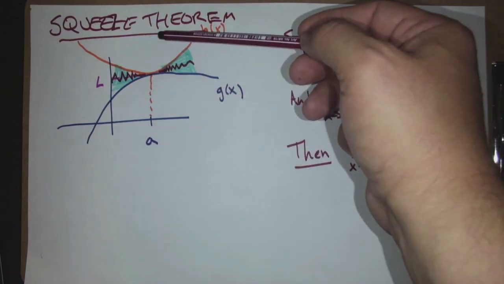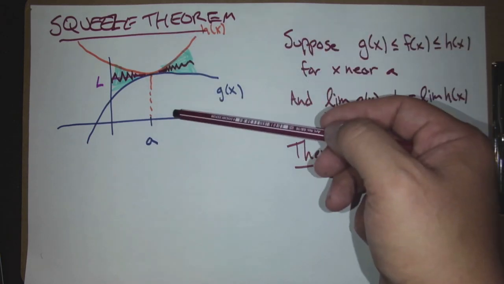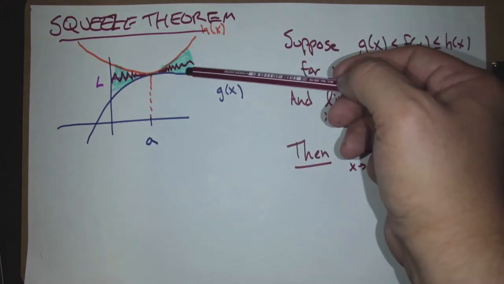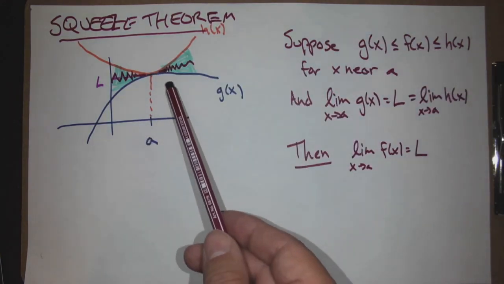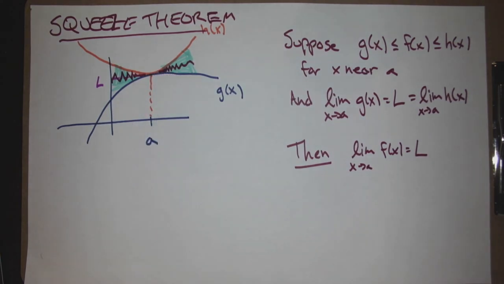I can't jump out above because h bounds it from above. I can't jump out below because g bounds it below. I have to stay between. So it's forcing me to get close to L. g is close to L, h is close to L, f is in between them, so f also is close to L. All right, so that's the squeeze theorem.